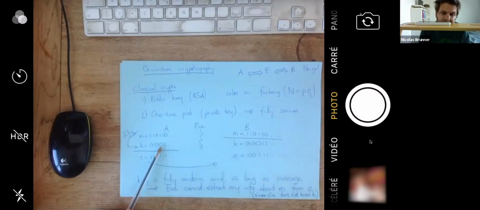To give you an example on how to use the one-time pad, during World War II, the Nazis and the Allies as well had submarines going all through the oceans, and so of course the generals of the army wanted to send messages to the submarines. These messages were sent by radio, so they had to be encoded.